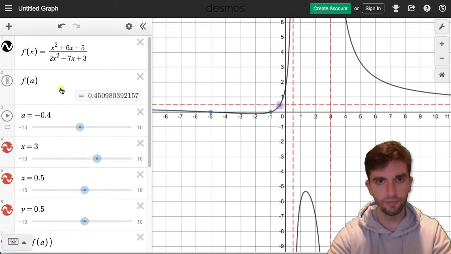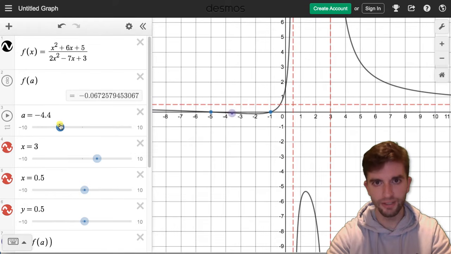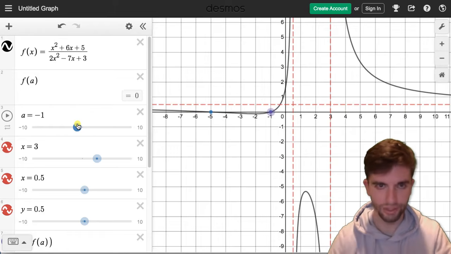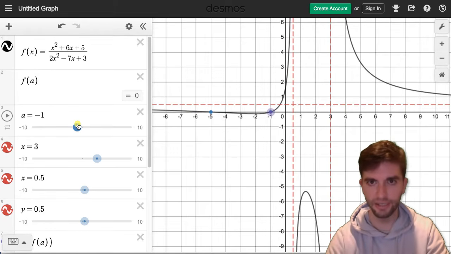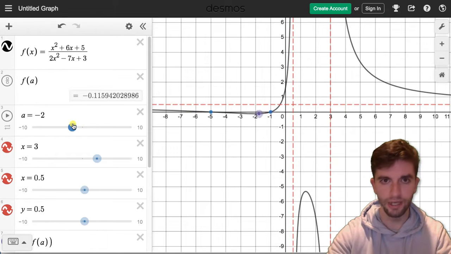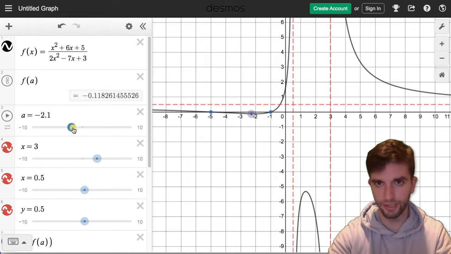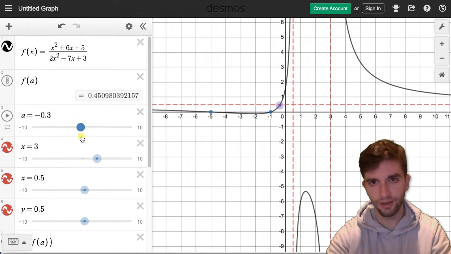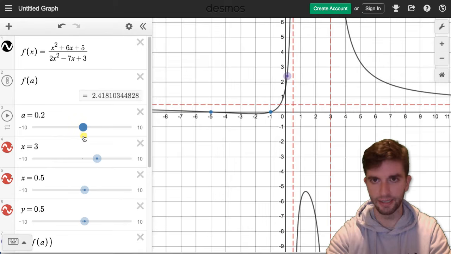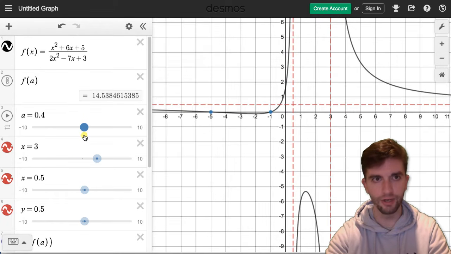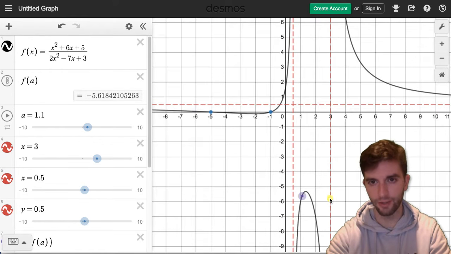So right now, based on what we've looked at so far, the interval between -5 and -1 is a solution to our inequality. Any x value between -5 and -1 yields a negative y value, so a value less than 0. But the function can also switch from being positive to negative around vertical asymptotes, right? After the vertical asymptote of a half, the function jumps way down here to this other part.